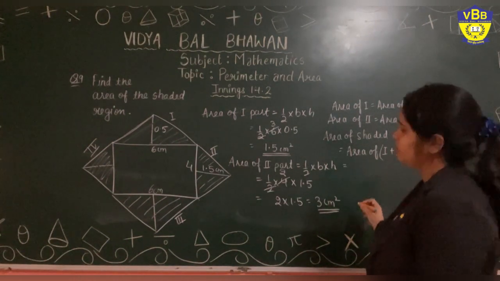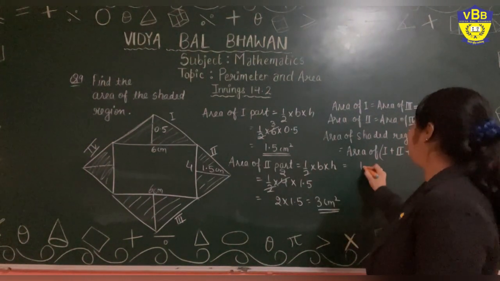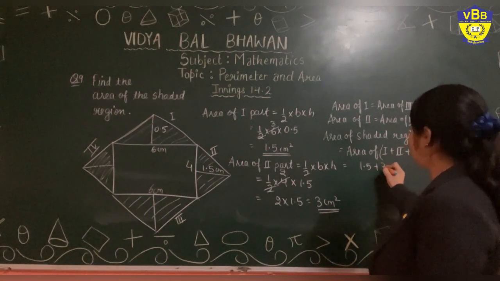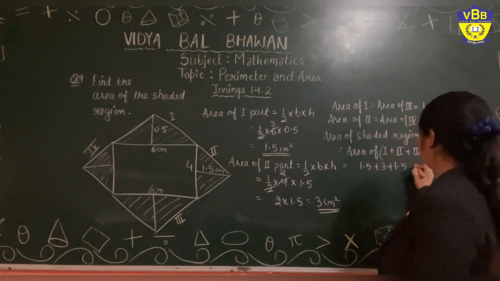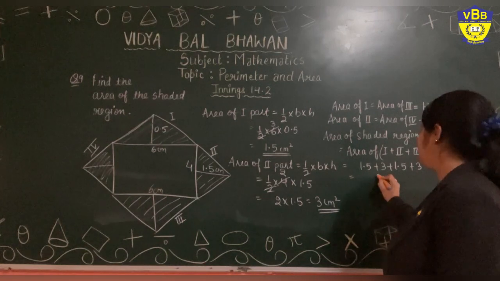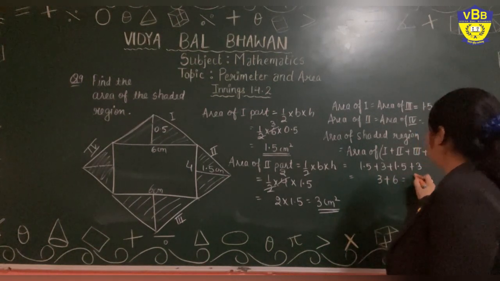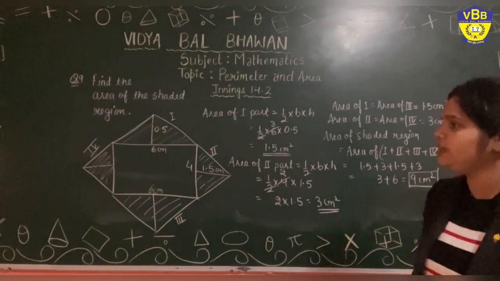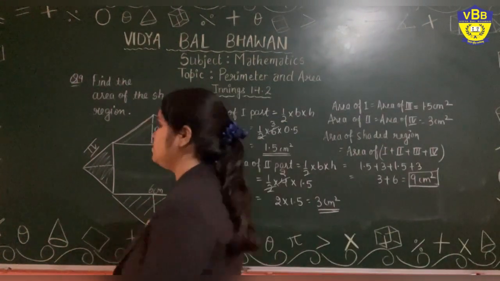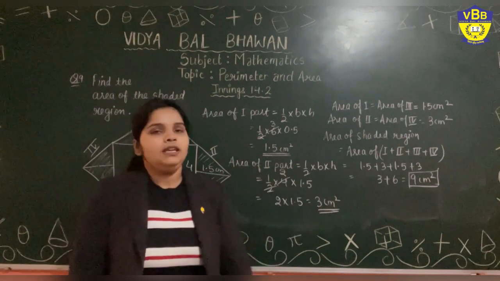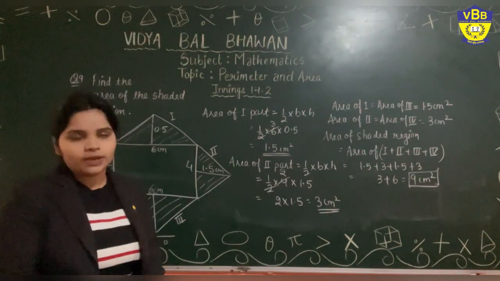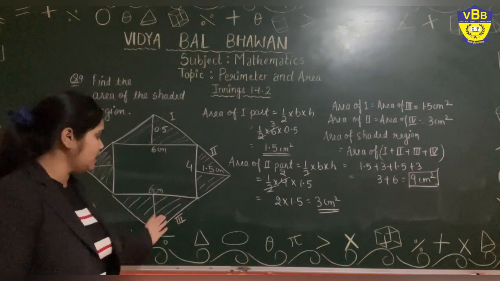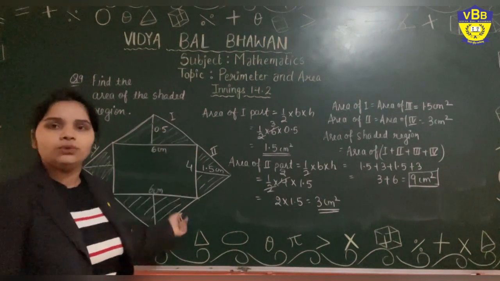Find the area, add all of them. 1.5 plus 3 plus 1.5 plus 3. That gives you 3 plus 6, 9 centimeter square. Area of the shaded region over here is 9 centimeter square. Simply adding all the areas of the four triangles. That's it.